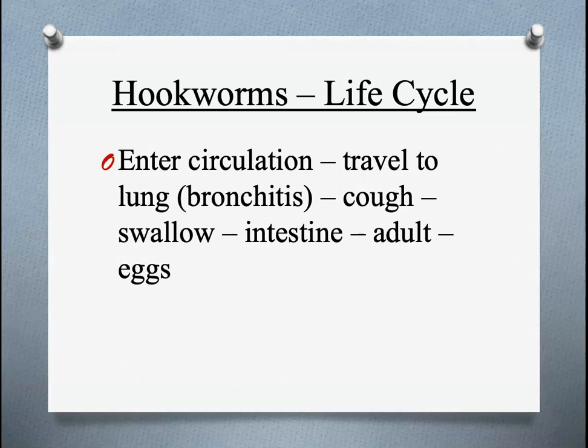The filariform larvae mature into adults, and adults lay eggs. This sounds a lot like what? The Ascaris lumbricoides life cycle. However, there's not a particular liver involvement like there was with Ascaris, but definitely lung, where you get that coughing and swallowing back into the GI tract.